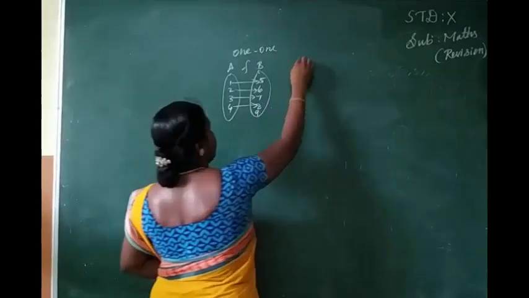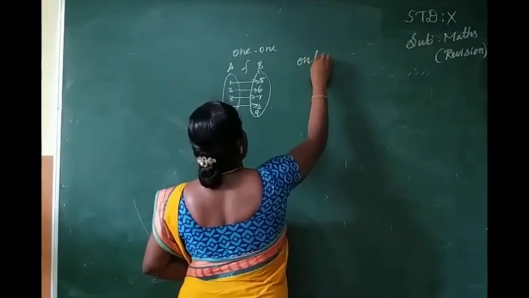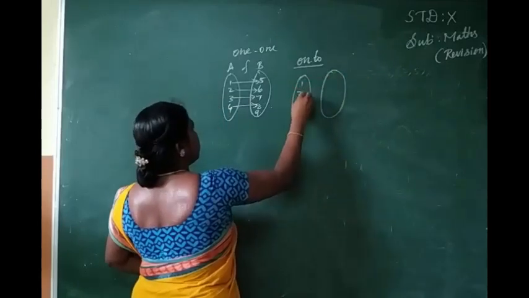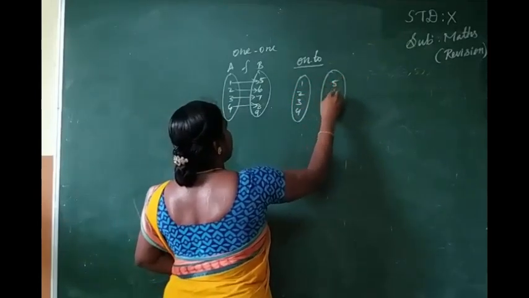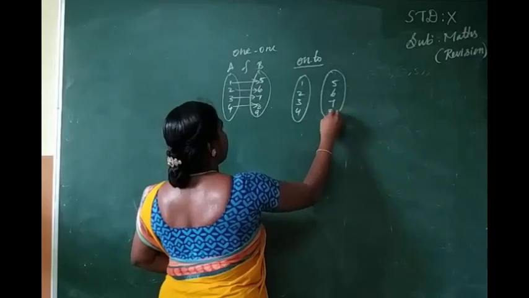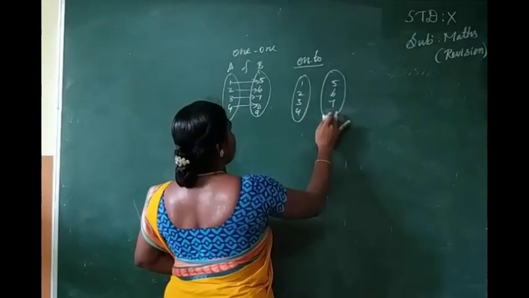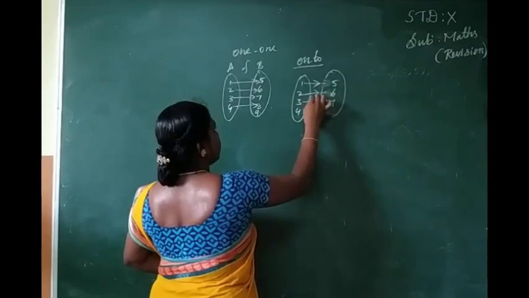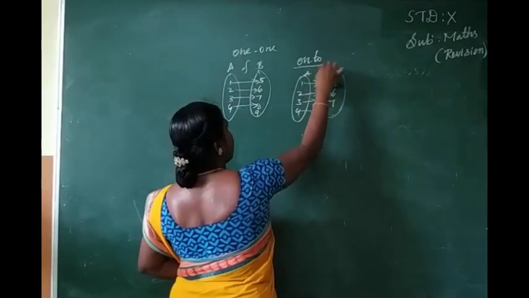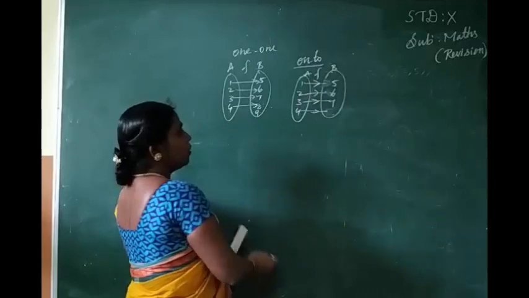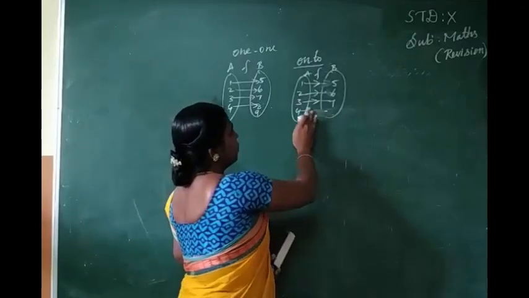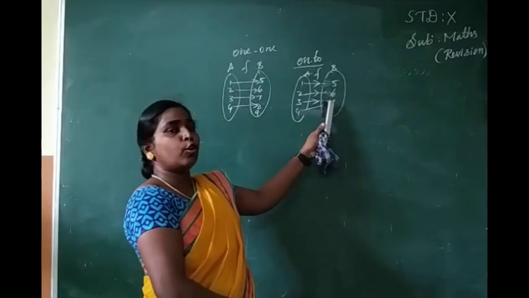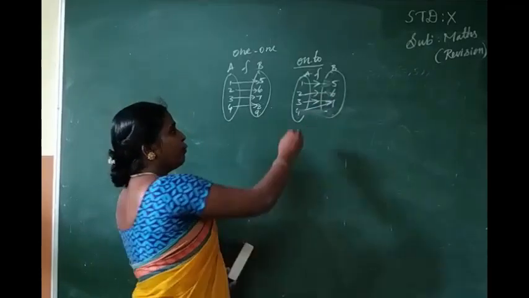So onto function means, you see range of f equal to codomain, so it is onto function.